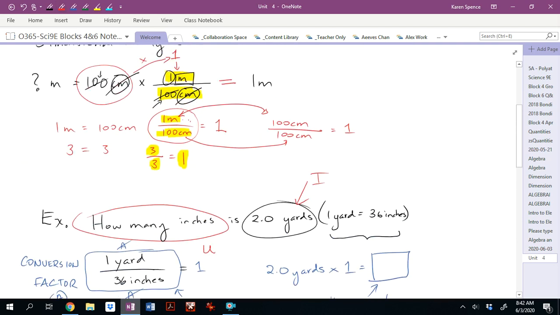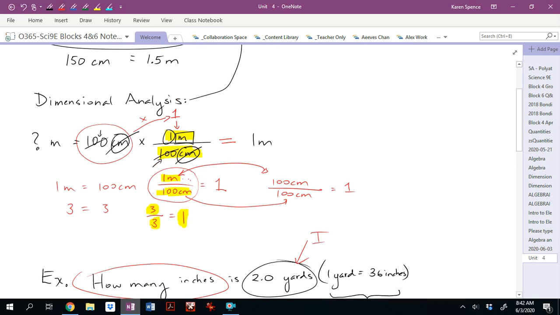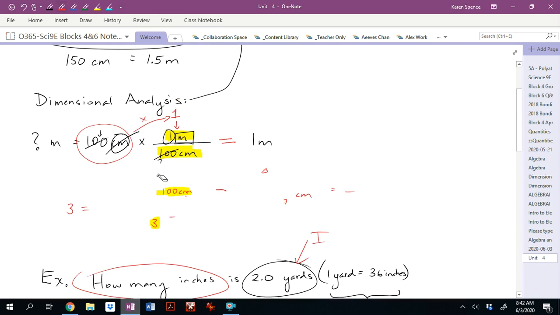Let's go back one more. Let's go back to our centimeters question. And again, I've made a huge mess, so let's get rid of some of that. Okay.